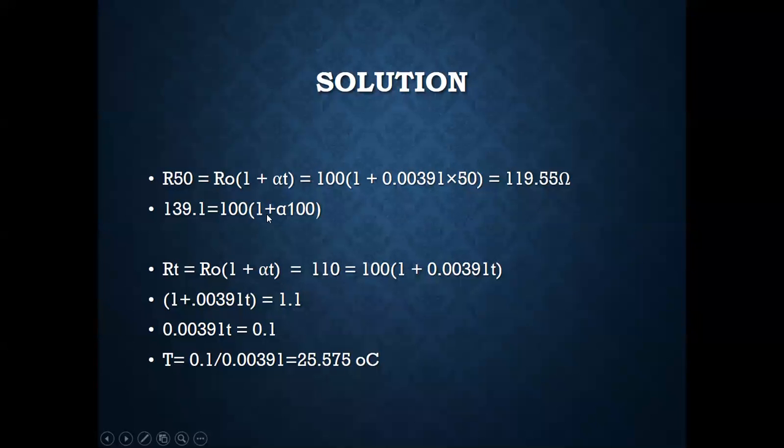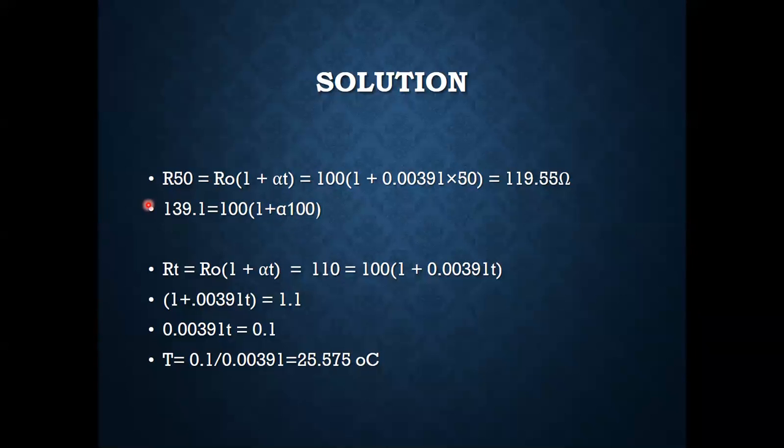1.391. So now the rest is 1 plus alpha 100. This alpha, that I am going to take to the left side. So it will become 1.391 minus 1, that is equal to 0.391. Then I want to find alpha. Alpha is equal to alpha into 100.